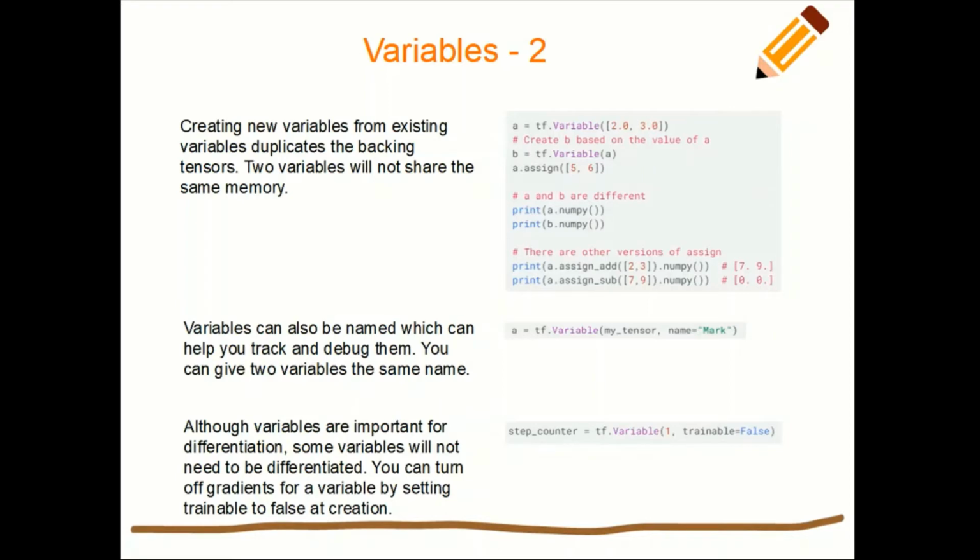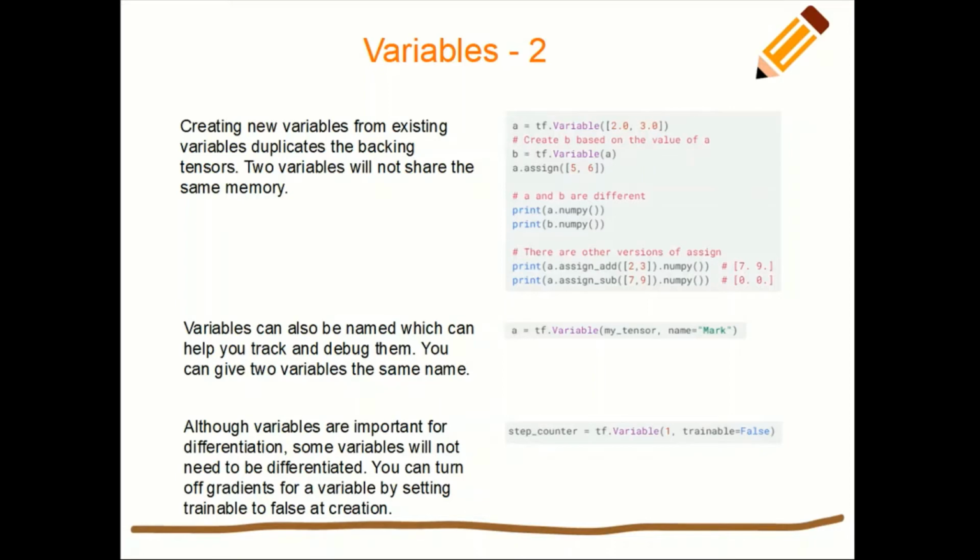And for that purpose there is a property of a variable called trainable, and if we make it false, then the weights of that particular variable are not going to be changed. So this is very useful if we do not want the weights to be changed while we are training the network.